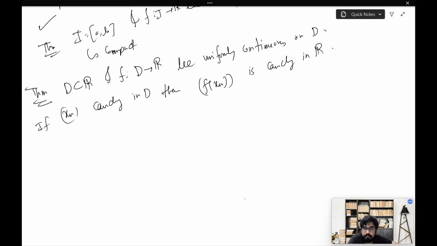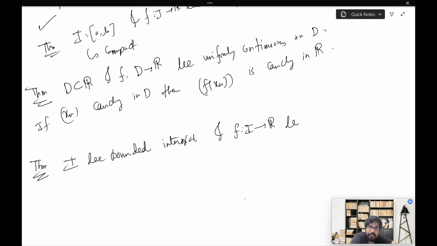And there is another theorem which tells that, let I be a bounded interval, and f from I to R be continuous on I, and f is uniformly continuous on I. Then f is bounded on I.